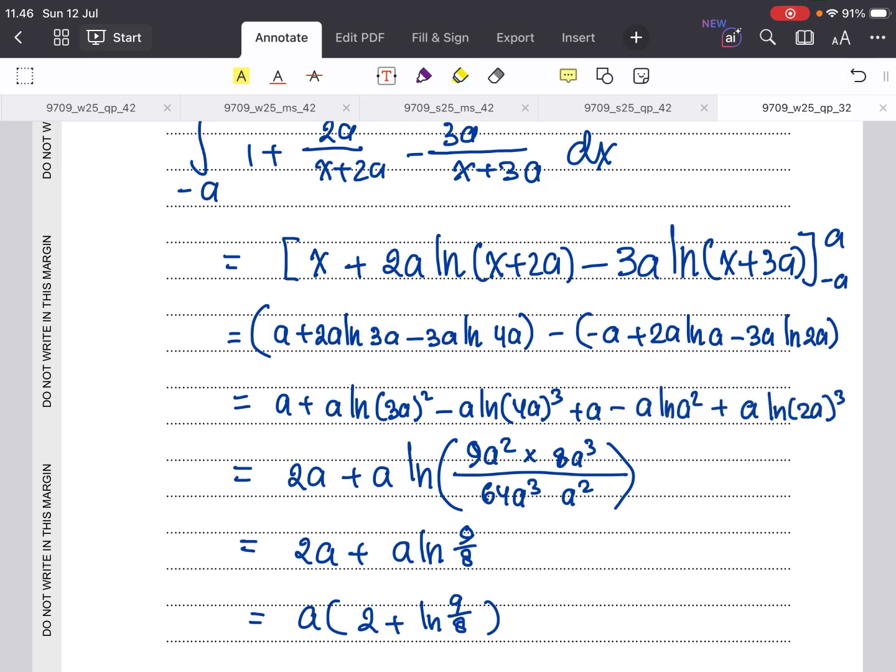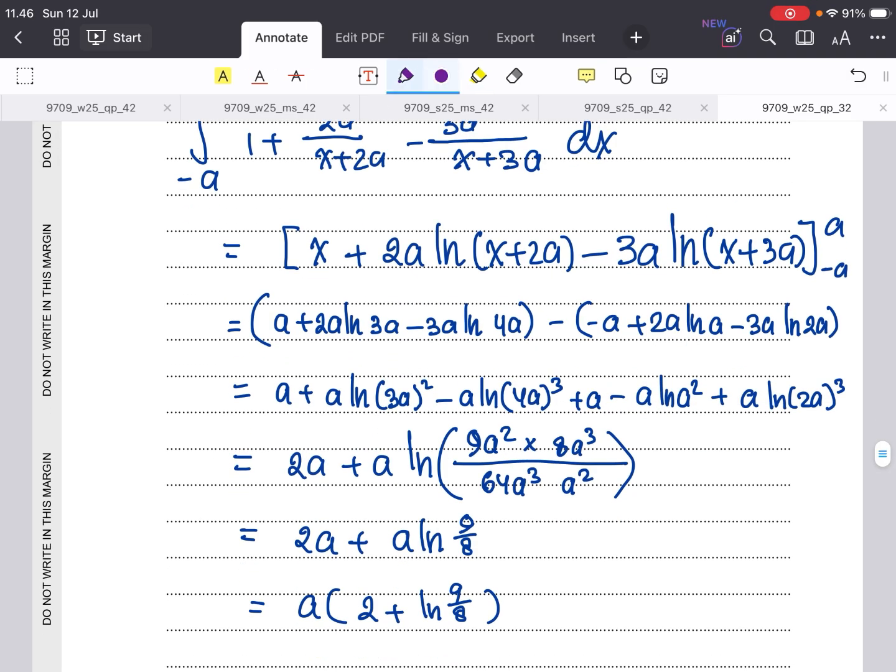Don't forget the square here, we use the law of logarithm. It is from this number 2. So multiplication here we can change into power form. This is one law of logarithm. Do the same thing here, this is 3, this one is 3. And then a plus a is 2a.